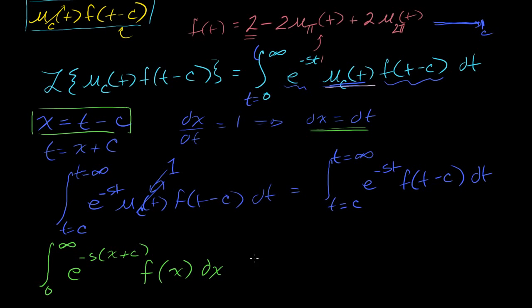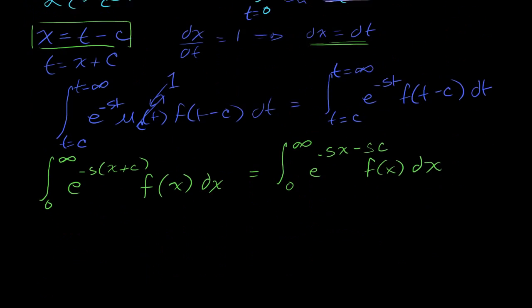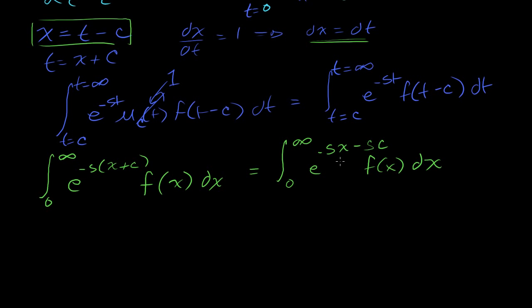Now this is starting to look a little bit interesting. So what is this equal to? This is equal to the integral from 0 to infinity. Let me expand this out, of e to the minus sx minus sc times f of x dx. Now what is this equal to? Well, we could factor out an e to the minus sc and bring it outside of the integral, because this has nothing to do with what we're taking the integral with respect to. So let's do that. And maybe just to not confuse you, let me rewrite the whole thing. 0 to infinity.